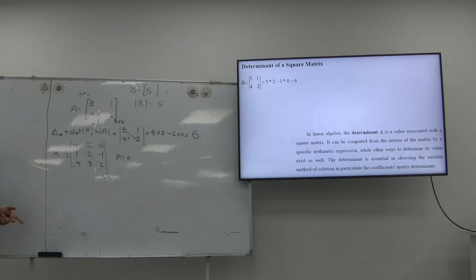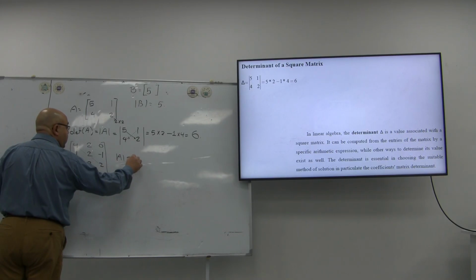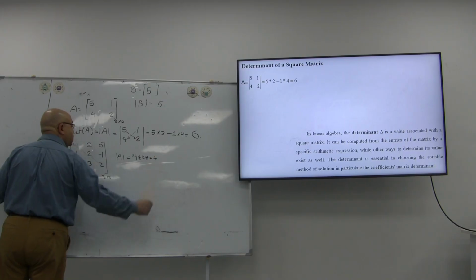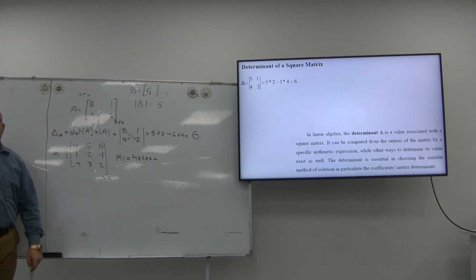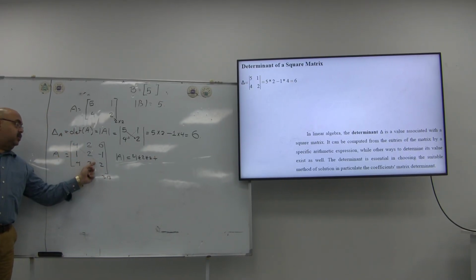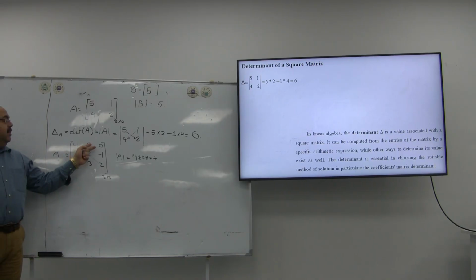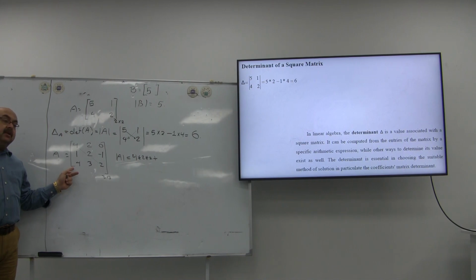What are the elements on the principal diagonal? It's going to be 4 times 2 times 2, then plus. I have multiplied the elements on the principal diagonal, then plus. I will multiply the base of the upper triangle by the lower vertex, or the vertex of the lower triangle.